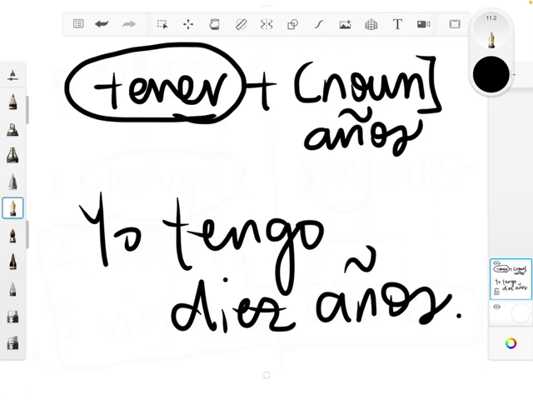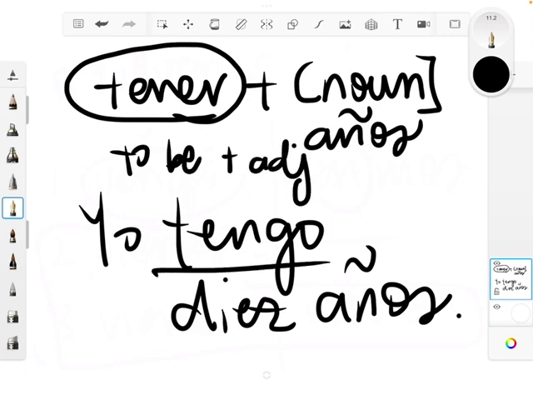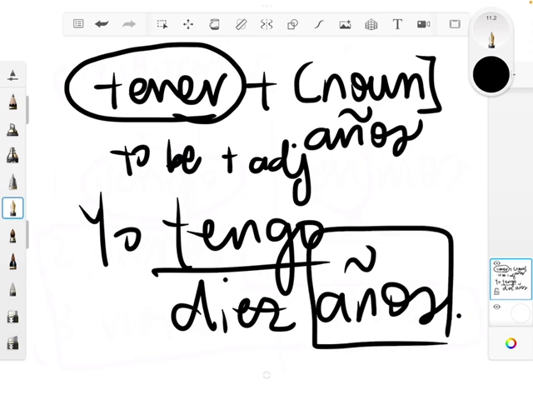But instead of using the phrase to be plus an adjective, we're going to use tener. So that's conjugated, and then we have our noun. I have 10 years is essentially what you're saying grammatically, but we're going to translate it as I am 10 years old.